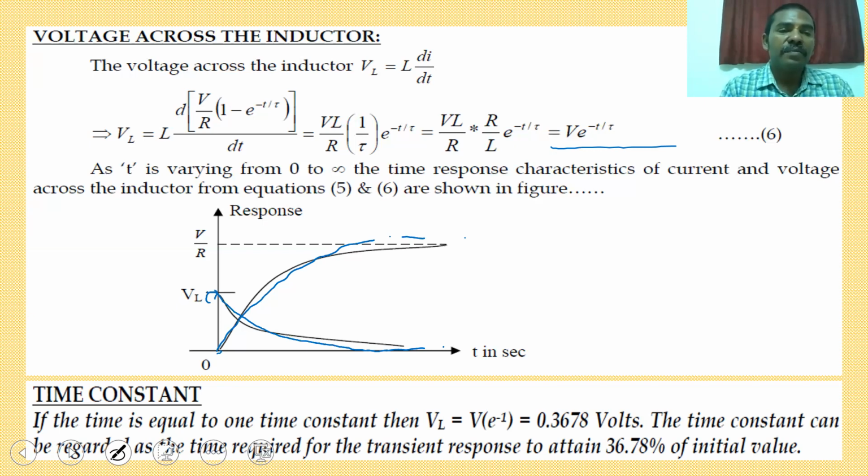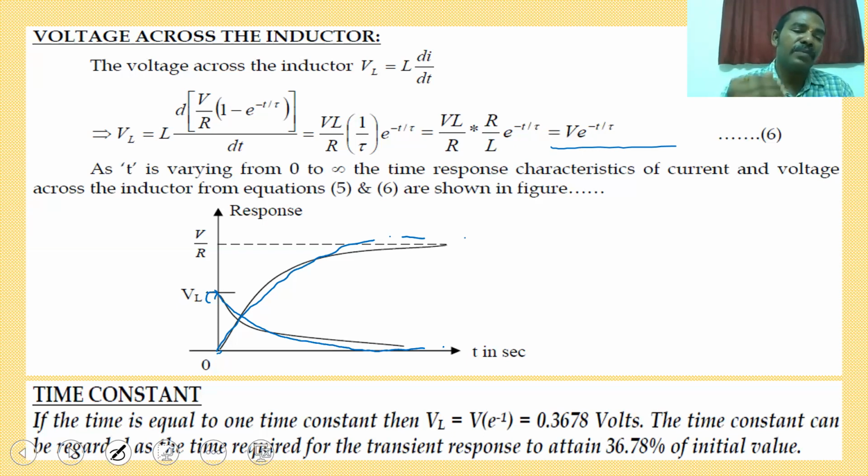So now for one time constant, what is the time constant of an RL circuit? The time constant can be defined as the time required for the transient response to attain 36.78% of its initial value.